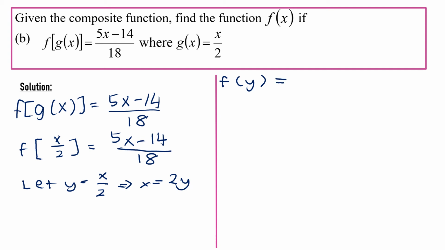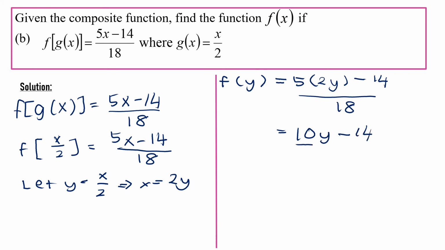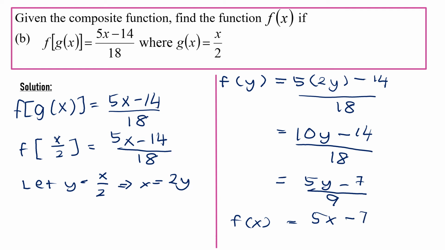So we have 5 times 2y, substituting every x, minus 14 over 18. So we have 10y minus 14 over 18, and then simplify this down, we have 5y minus 7 over 9, and then f of x is 5x minus 7 over 9.